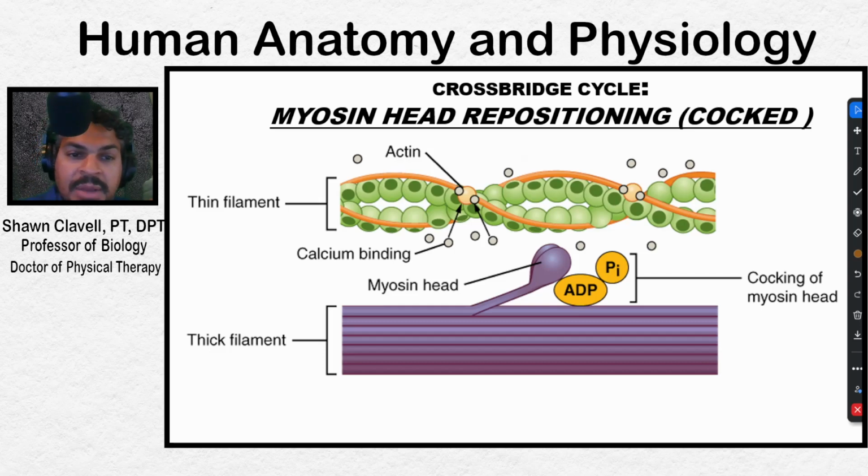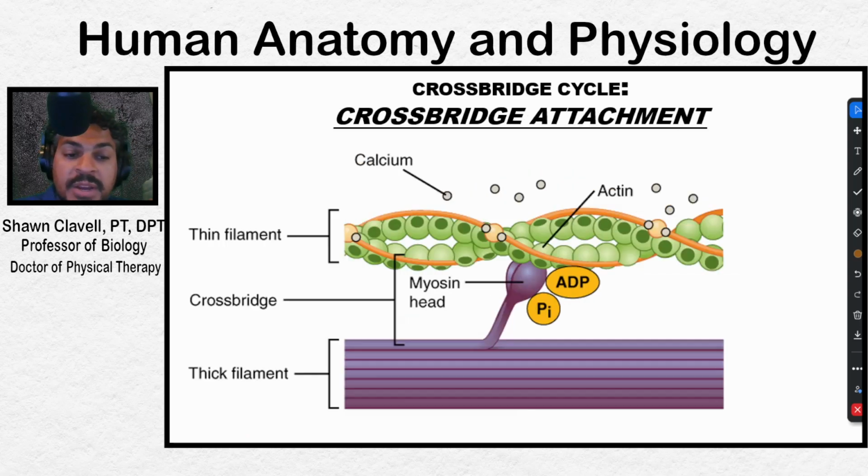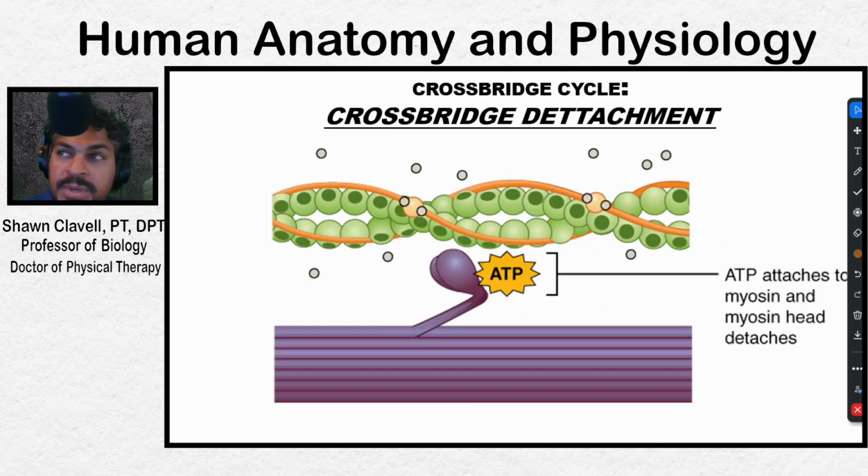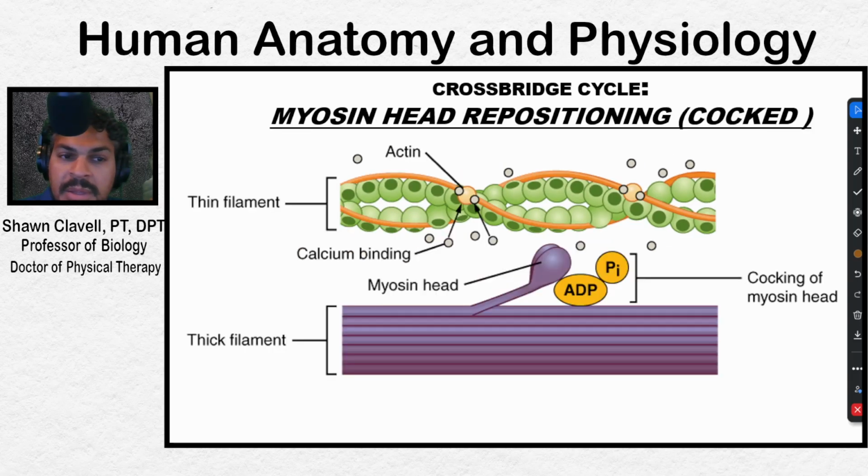So the cross bridge cycle is the four major steps that occur at the end of a muscle contraction when they're actually generating force. It starts when the cross bridge actually attaches. So you've got cross bridge attachment, power stroke, cross bridge detachment, and then finally the repositioning of the myosin head.